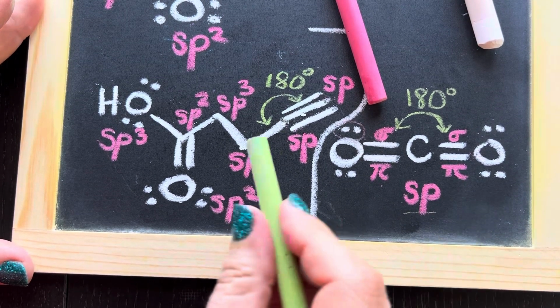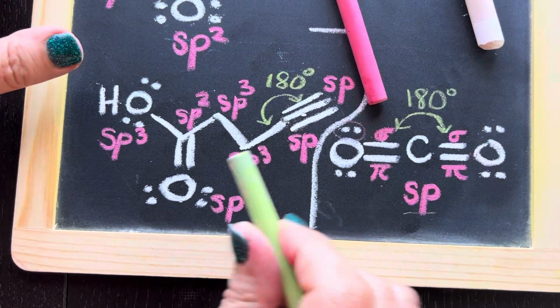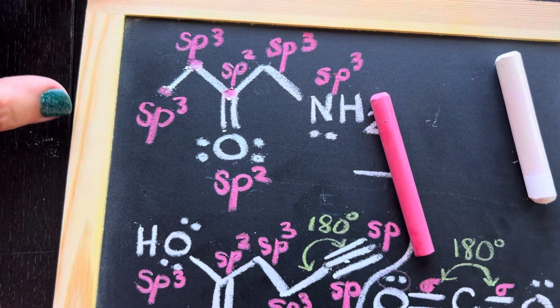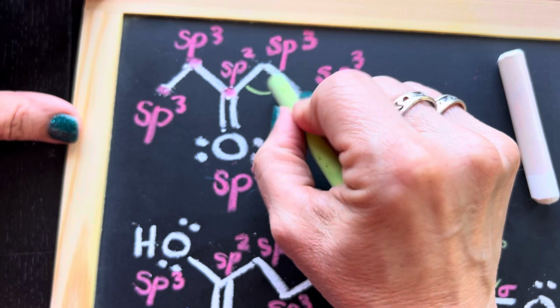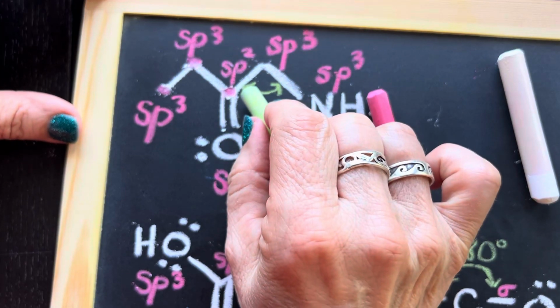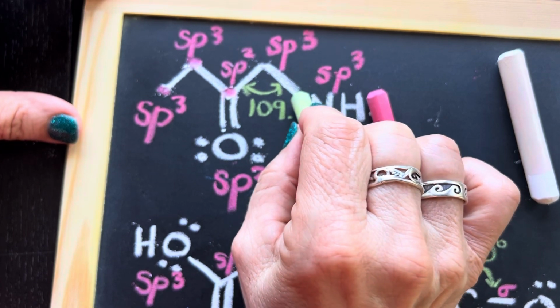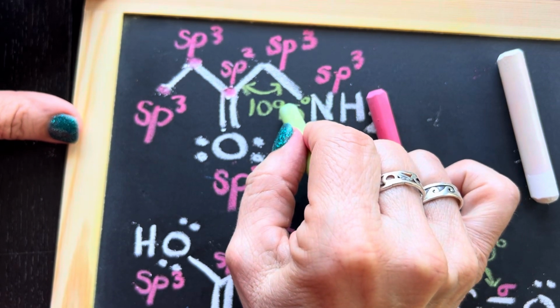sp3. Not a lot of room here, right, to draw sp3, so why don't we look at this one where there's a little bit more room. sp3 hybridization corresponds to 109.5 degrees.